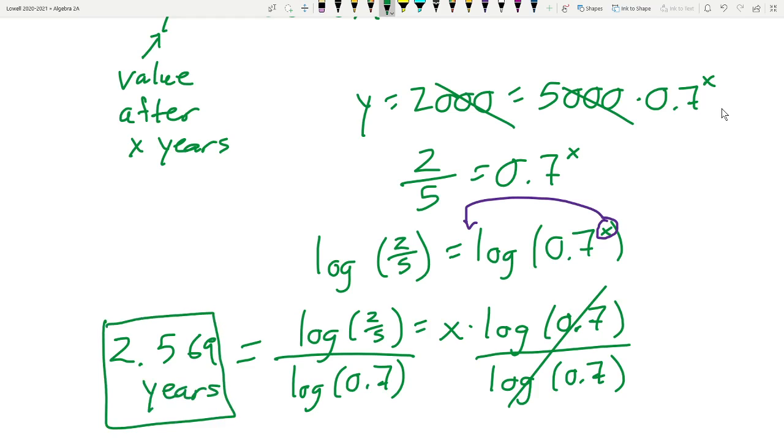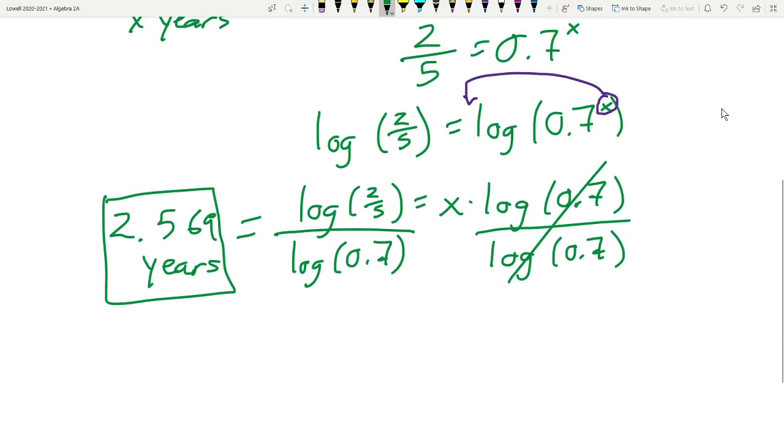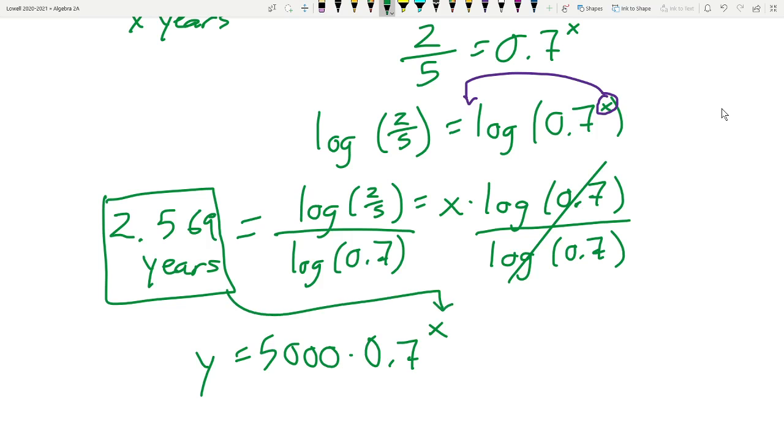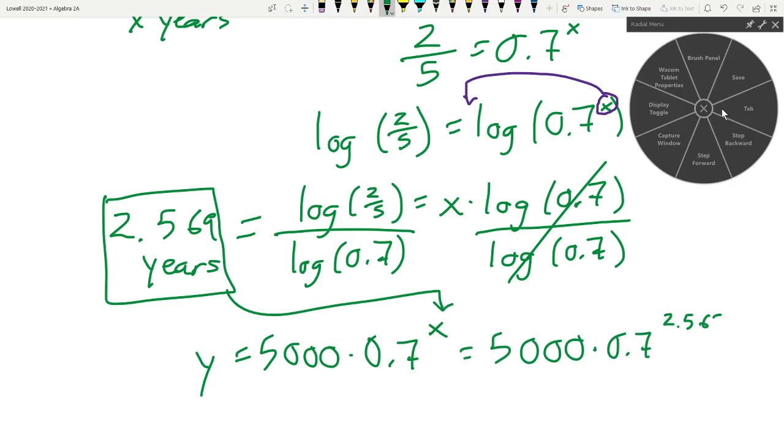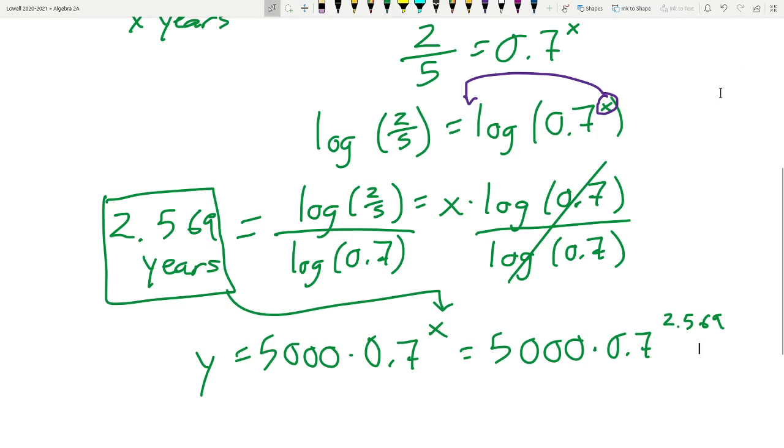Again, we could double check this by plugging it into our equation. Our equation was y equals 5,000 times 0.7 to the x power. If I plug in 2.569, I get 5,000 times 0.7 raised to the 2.569.